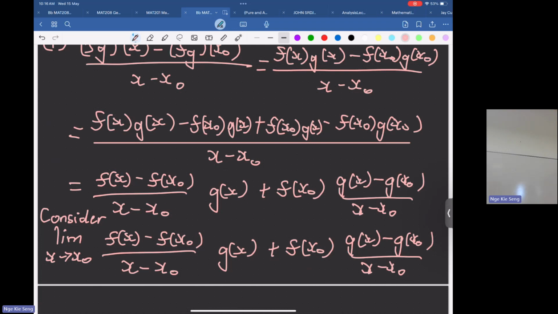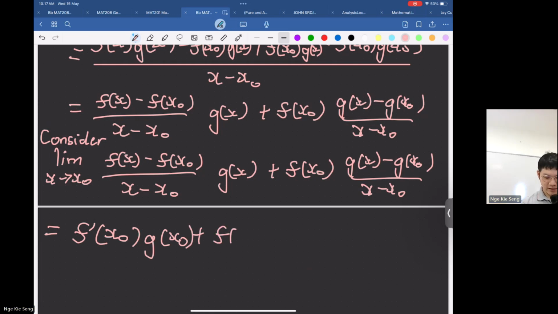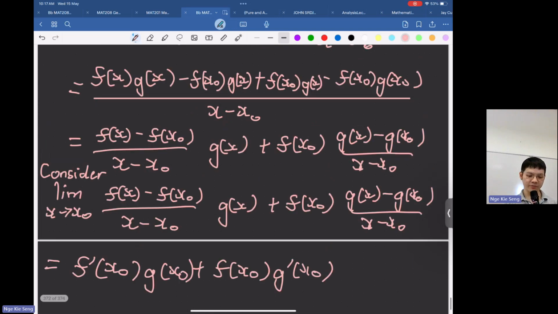So altogether, by the limit law for functions, we get f prime(x naught) times g(x naught) plus f(x naught) times g prime(x naught). Okay or not? So this is how your product rule comes out.